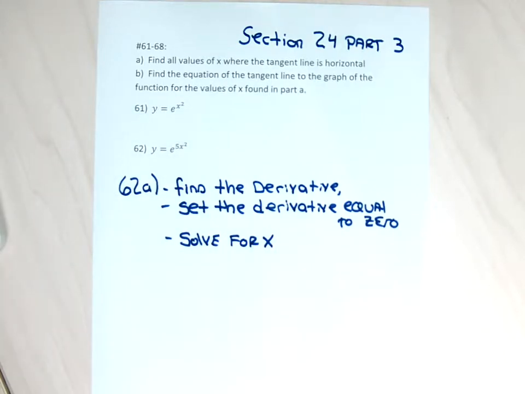What this is going to give me is the x value of a point where the tangent line to the graph is horizontal as opposed to some other slant.